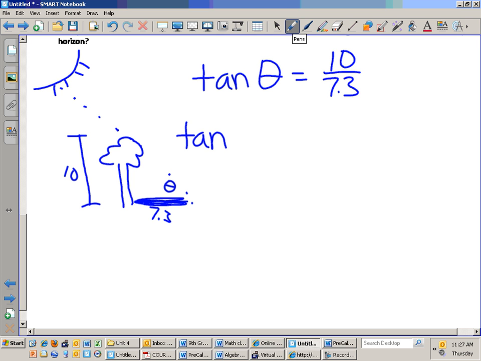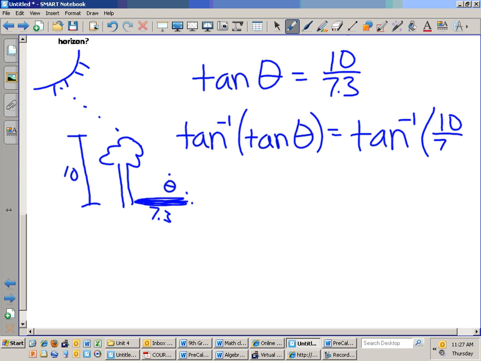If we take the tangent inverse of both sides, so that's mathematically what I'm doing. I'm taking the tangent inverse of both sides. When I take the tangent inverse of tangent of theta, what do I have left? These are inverse operations of one another. You're just left with theta.